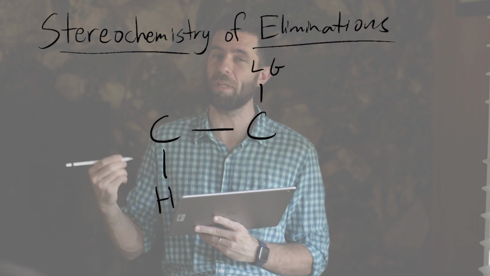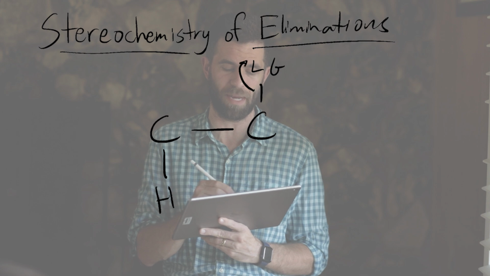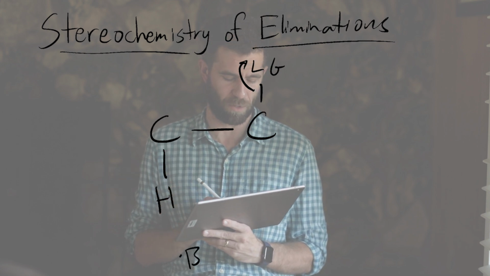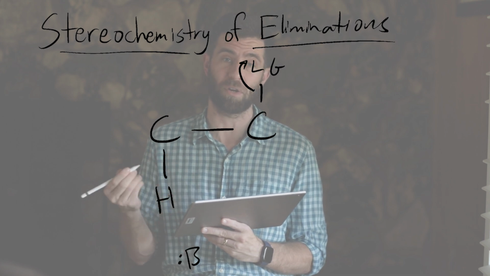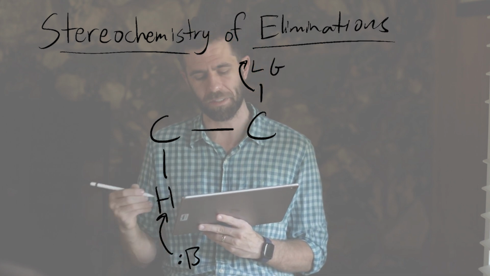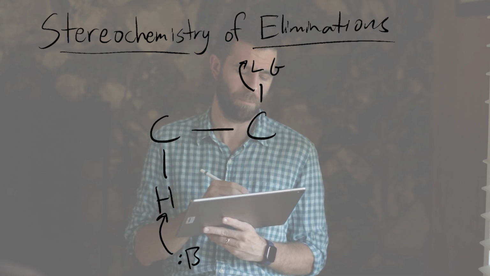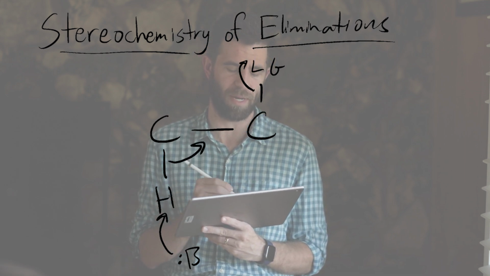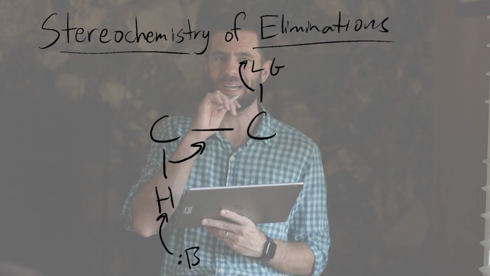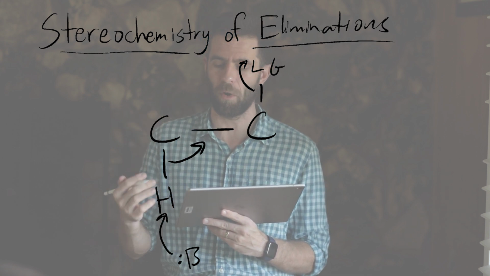That leaving group is really electronegative, so it's pulling its electrons really hard. And this proton, of course, is not holding on to its electrons very hard. It's just a hydrogen. So if it's grabbed by a base, because of its strong dipole, these electrons are flowing in this direction.